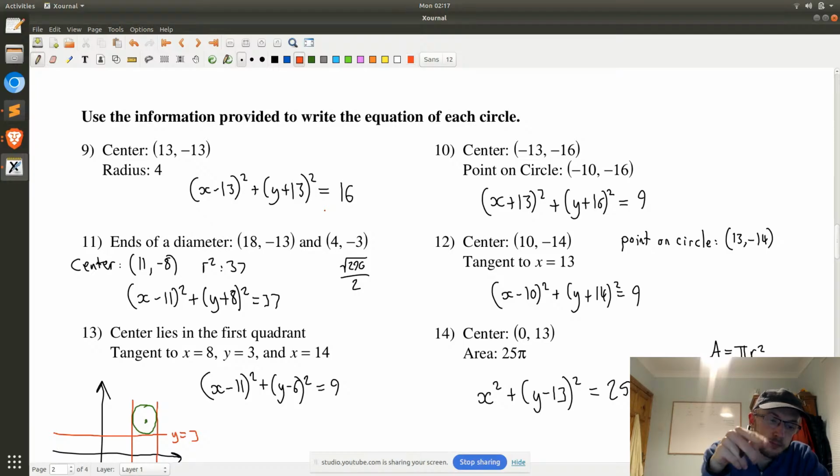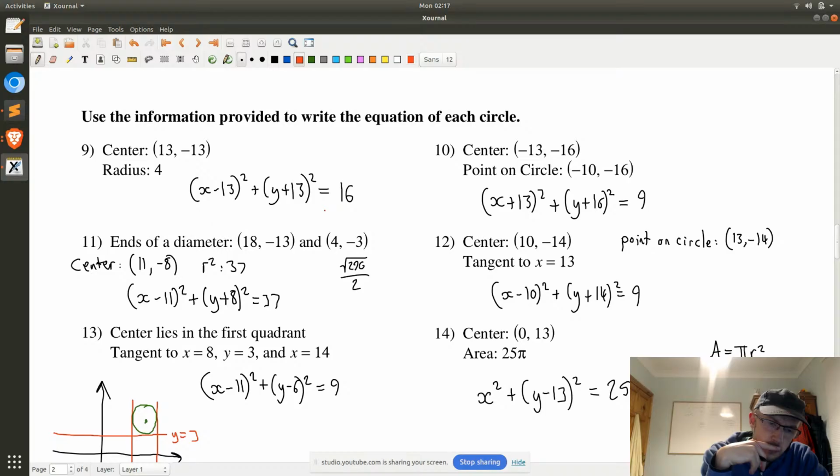So 14, so 196 and 100 is 296. And so the radius is root 296. And that does have to be divided by 2. And so it's 4 root 74. 4 root 74 over 2.